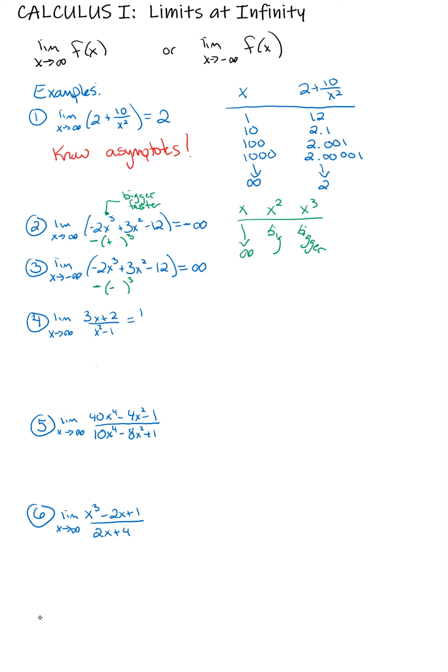And what I'm going to do is let me just rewrite this again so we can work with it. I'm going to take this exact same rational expression. But what I'm going to do is take the term in the denominator that has the highest degree. In this case, that's x squared. So again, that x squared is going to be important to me.